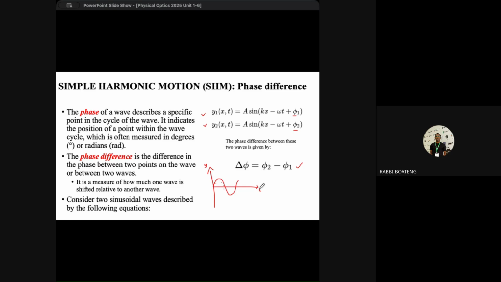Is that okay? It's like us running on a field, like a typical standard football pitch. Then you see the track, because of how the track has been designed, the outer lane has more distance to be covered than the inner lane. I'm talking about the athletes who run around the pitch, and let's say they are doing 400 meters. The one taking the outer lane has to take a longer distance.